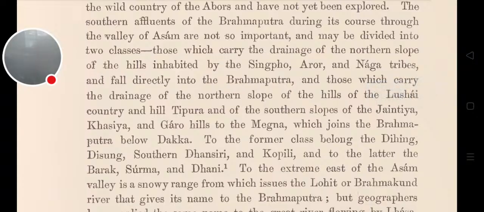The southern affluents of the Brahmaputra during its course through the valley of Assam are not so important and may be divided into two classes: those which carry the drainage of the northern slope of the hills inhabited by the Singpho, Aror, and Naga tribes and fall directly into the Brahmaputra, and those which carry the drainage of the northern slope of the hills of the Lushai country and Hill Tripura and of the southern slopes of the Jaintia, Kasia, and Garo hills to the Meghna, which joins the Brahmaputra below Dhaka.